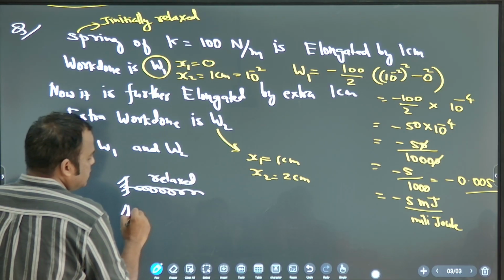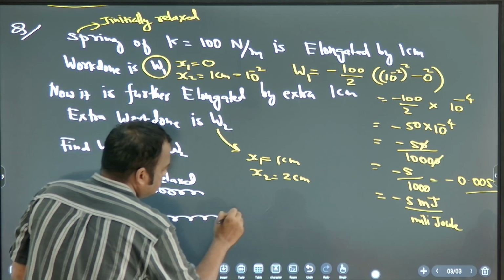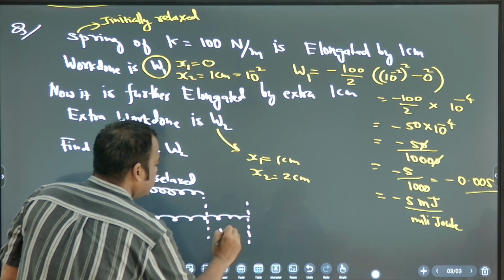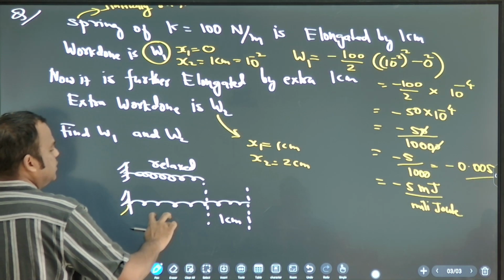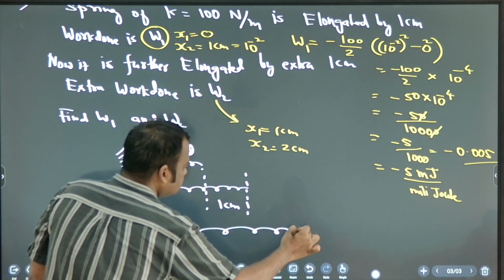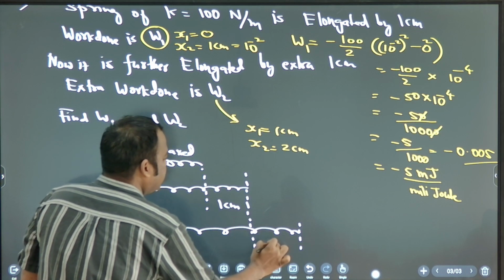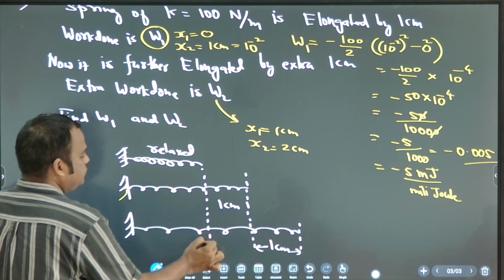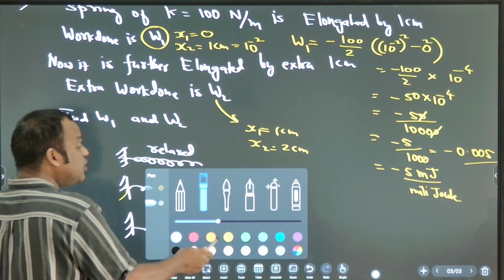Next it is elongated by 1 centimeter, and next it is further elongated by an extra 1 centimeter.